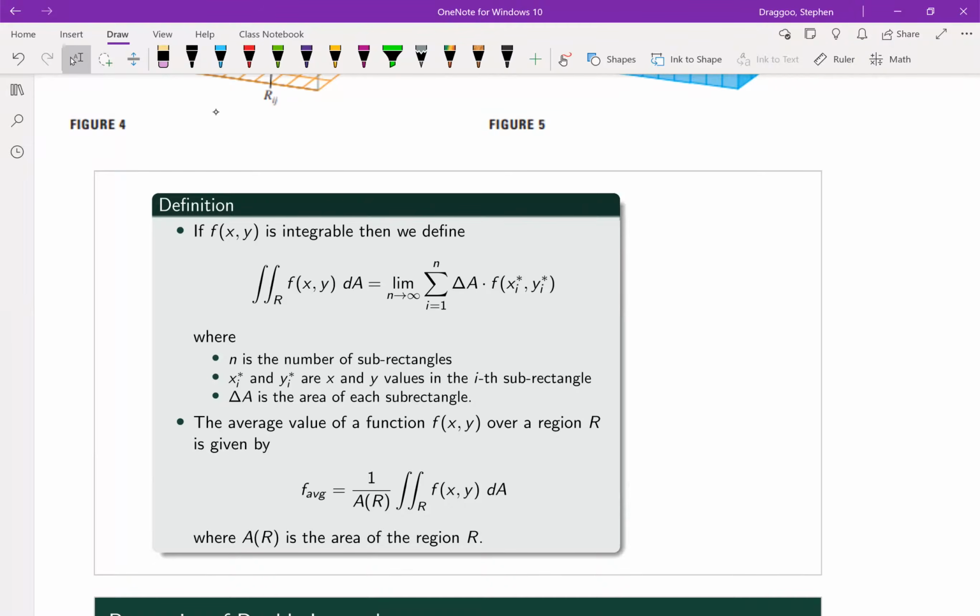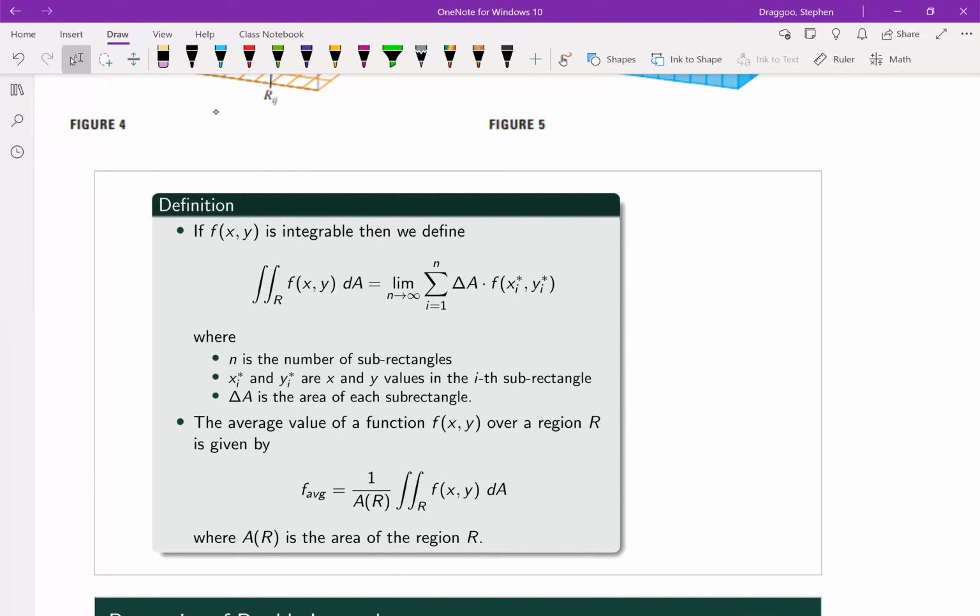That xi and yi just represents some point within each of those rectangles that we divided ourselves up into, so that we can get a height for each of those rectangular boxes. And delta A will be the area of each subrectangle, just like we would have used delta x back when doing Riemann sums in Calc 1.